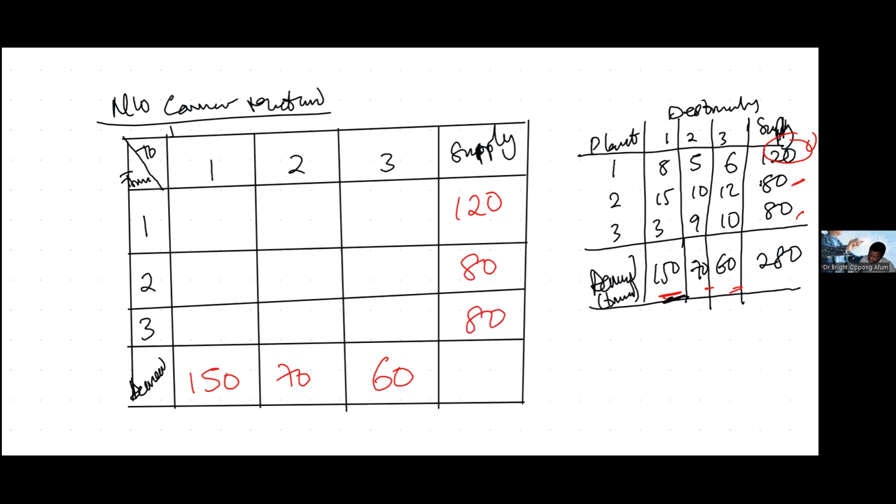Because it's balanced, when you add both sides, you have 280. All right, so now within each box, you create a small box within to host the cost of transportation. So these are the costs of transportation.